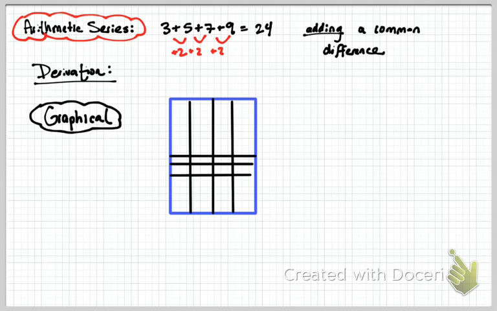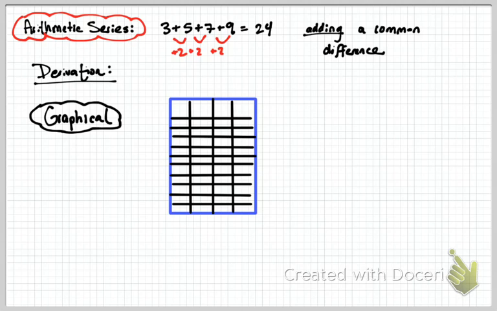So this doesn't have to be perfect. 1, 2, 3, 4, 5, and 6. Struggle. Okay, there we go. 1, 2, 3. So how many just total? How many was there total here? 12.